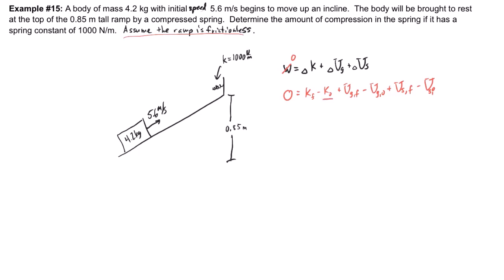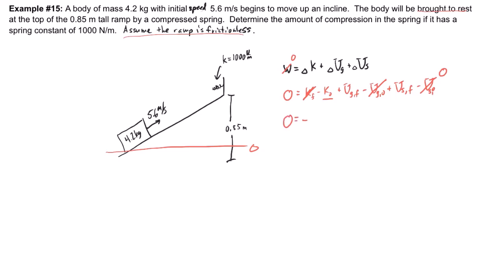It does say that it is brought to rest, which means that final kinetic energy will be 0. If we define the beginning height down here as 0, then our initial gravitational potential energy is 0. And then the elastic potential energy at the beginning is 0 because the spring isn't being compressed or stretched at all.